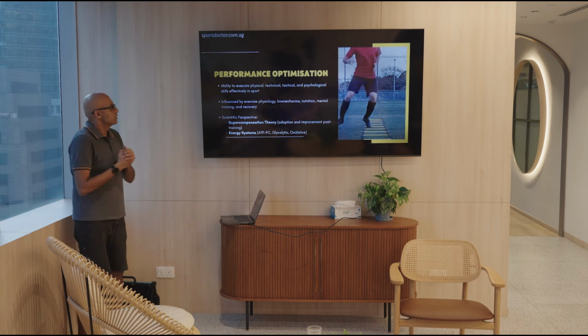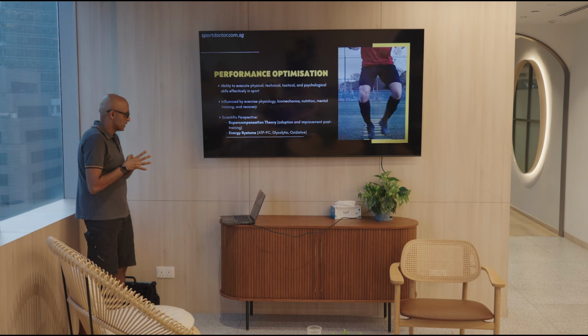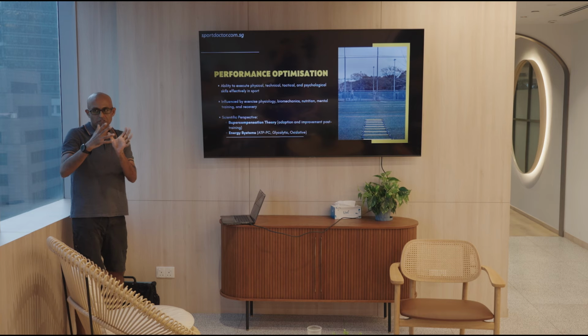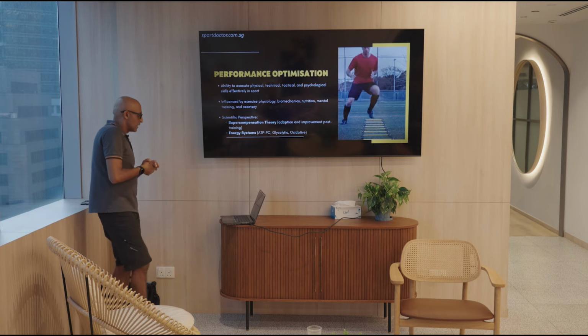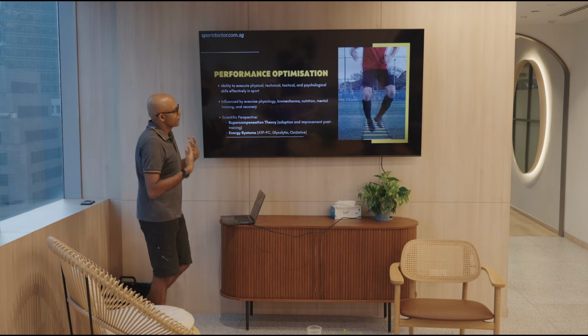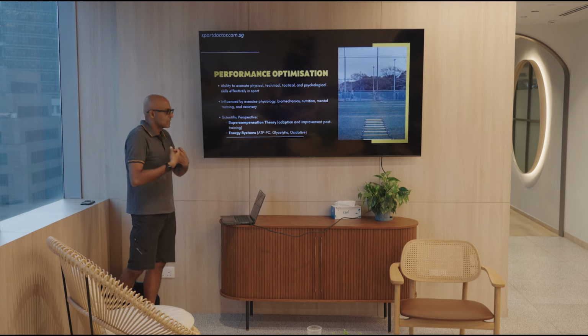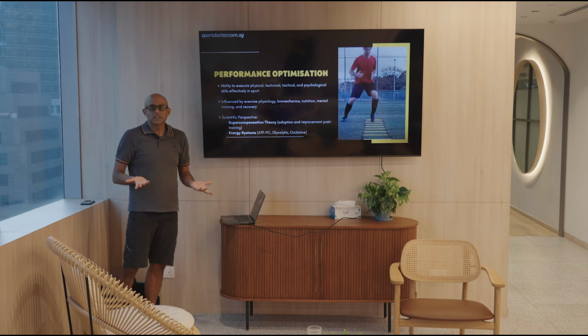Okay, so let's move on to performance optimization. So we'll divide this talk into performance and then injury. Okay, and so I guess at the very crux of it in sport, performance optimization is enabling the athlete to do what they're meant to do.